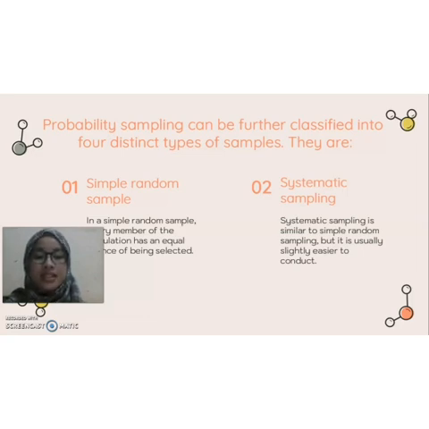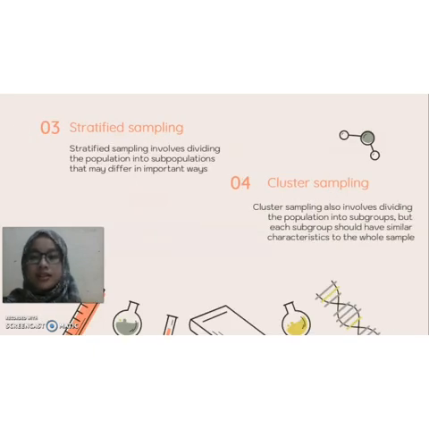The second is systematic sampling. Systematic sampling is similar to simple random sampling, but it is usually slightly easier to conduct. To conduct this type of sampling, you can use tools like random number generators or other techniques that are based entirely on chance. The third is stratified sampling.